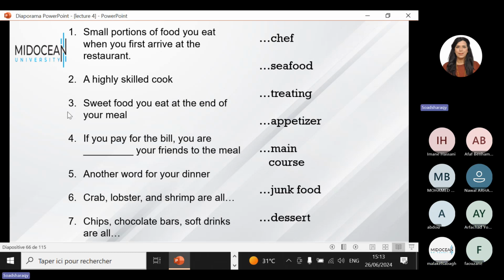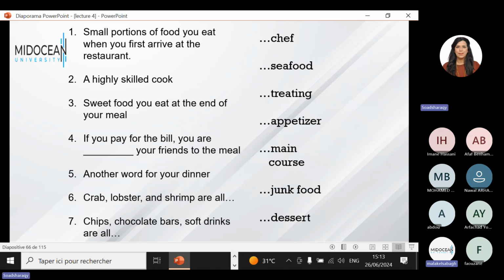Number 3. Read number 3. May I respond? Okay, let's see other participants. I'm sorry, boys, but we have to see other participants. Make sure that everyone is answering. So raise your hands, please, okay?